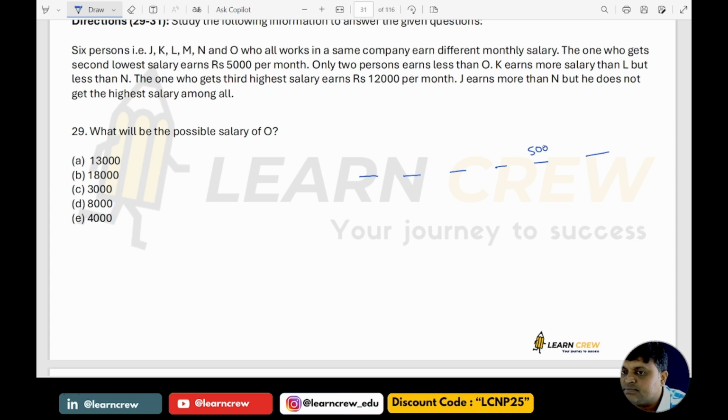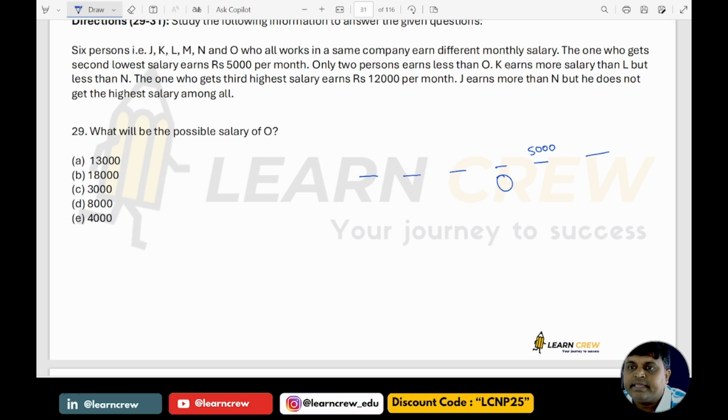Only 2 persons earn less than O, which means O would be here.